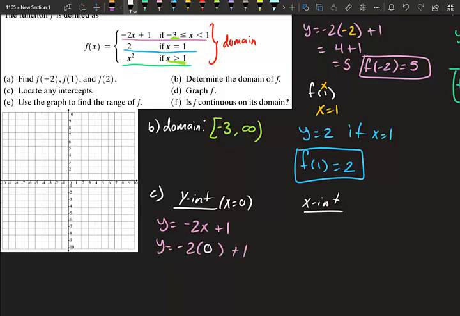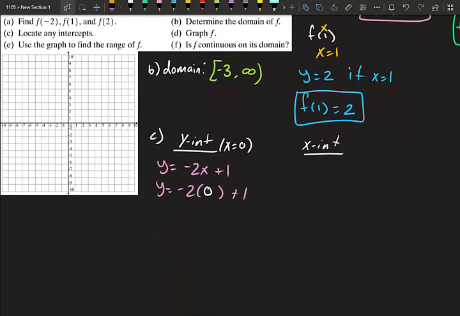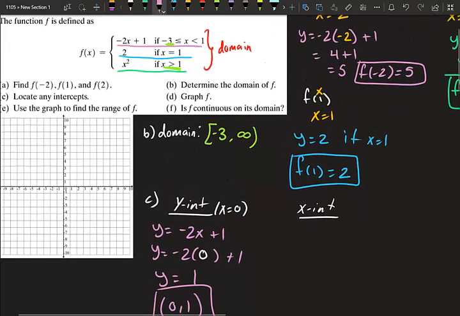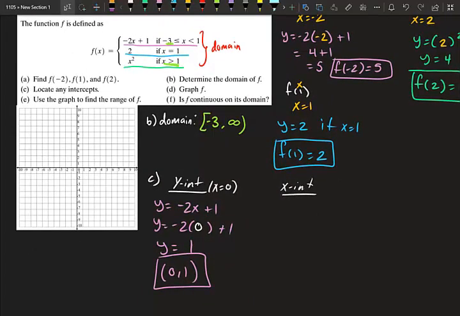Since that domain supports 0, I plug it into this equation. We get y equals 1. So our y-intercept is (0, 1). That's the only equation in the domain that actually supports x being 0.